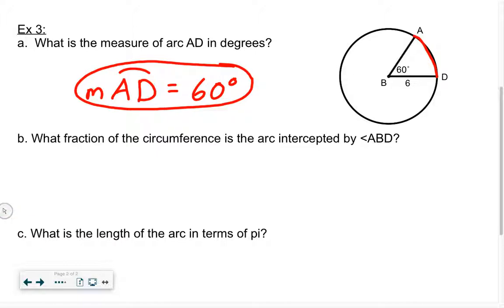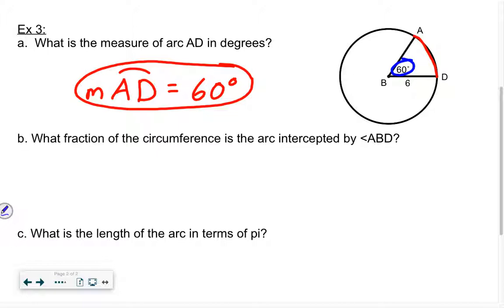Part B: what fraction of the circumference is the arc intercepted by ABD? We could find the length of this arc and divide it by the total circumference of the circle. We're going to do that later in part C, but for right now, what we want to focus on is the 60 degrees that is given to us, because again, there are 360 degrees in a circle.